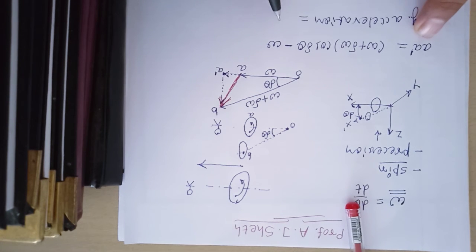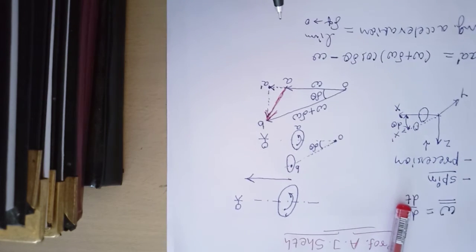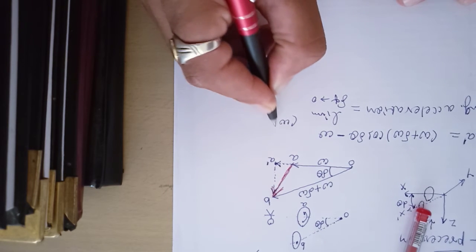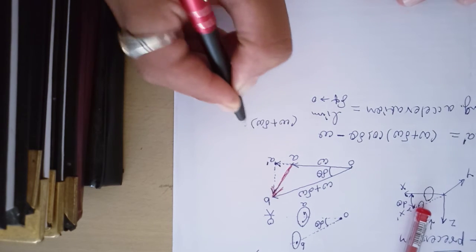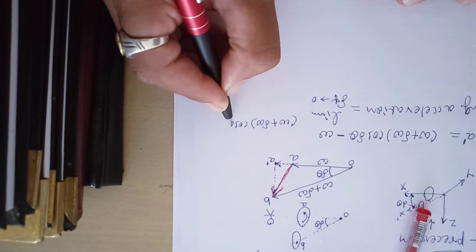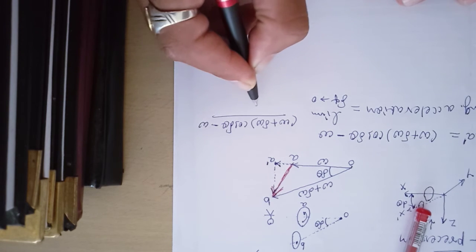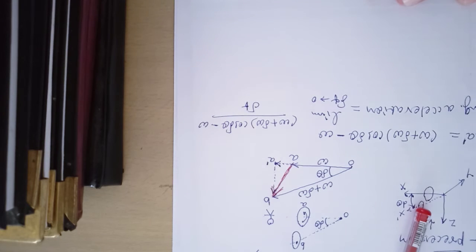So limit del t tends to 0, omega plus del omega cos del theta minus omega upon del t.